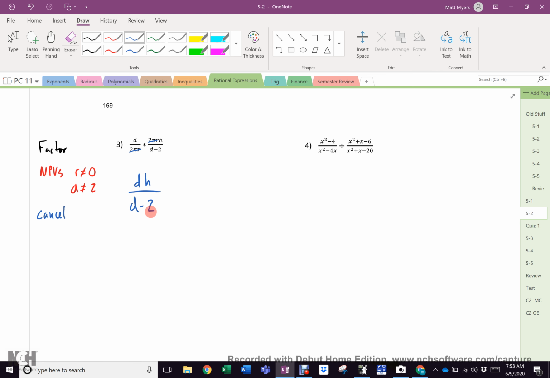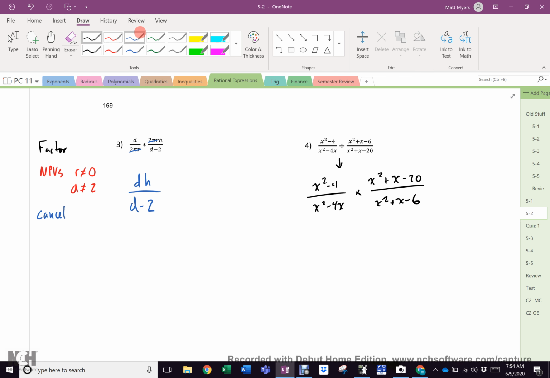Sorry. There we go. Okay, well, now look at this one, number 4. What's weird? It's got a division. So what we have to do is we have to remember that this is really x squared minus 4 over x squared minus 4x times x squared plus x minus 20 over x squared plus x minus 6.